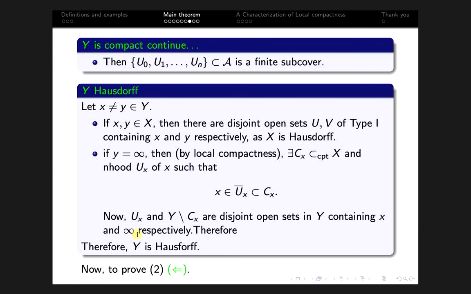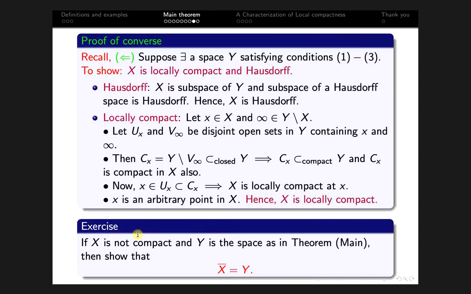Now to prove the reverse direction, our assumption is: suppose there exists a topological space Y satisfying conditions 1 to 3. So we have to show that X is locally compact and Hausdorff.